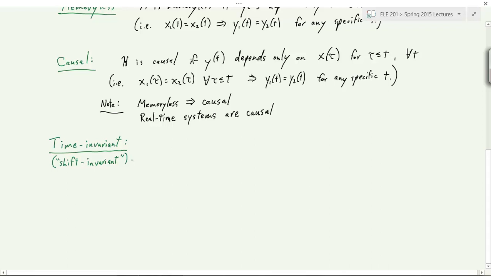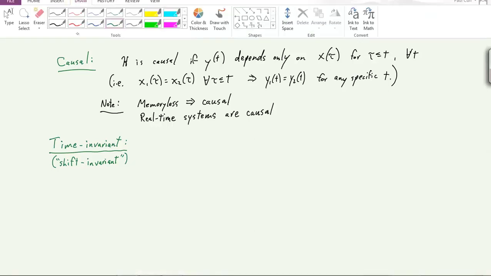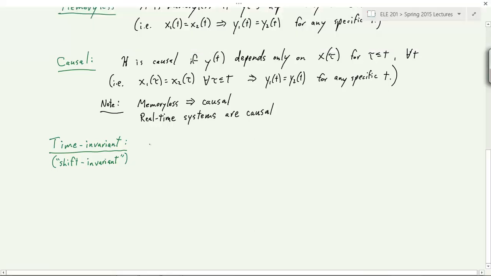So let's look at what the definition is. H is time invariant if you shift the input in time, the consequence is all you've done is shift the output.